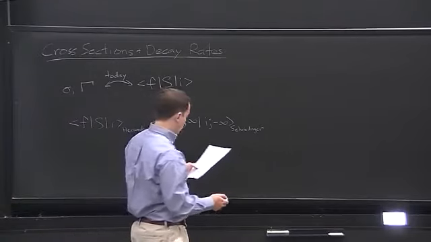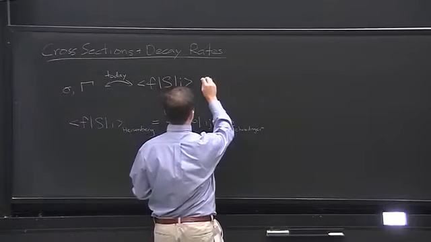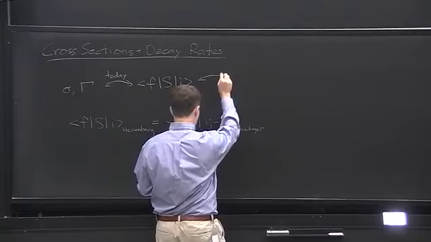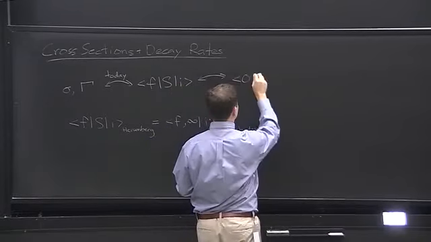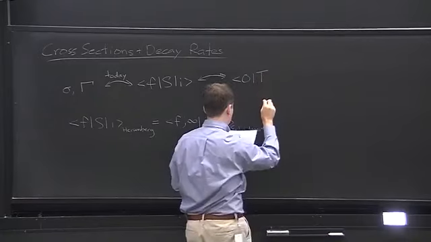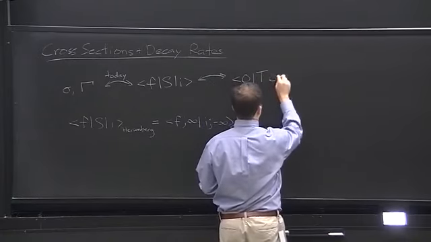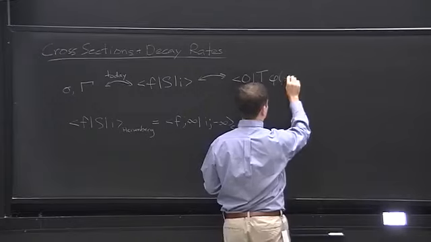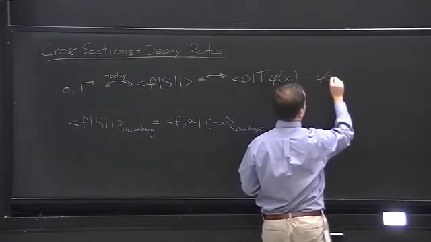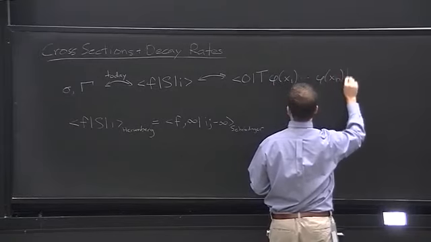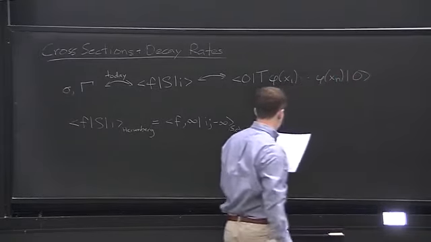We can't figure that out. But by going to the interaction picture, we can relate these S-matrix elements that we're interested in to the time-ordered expectation value of a product of fields.